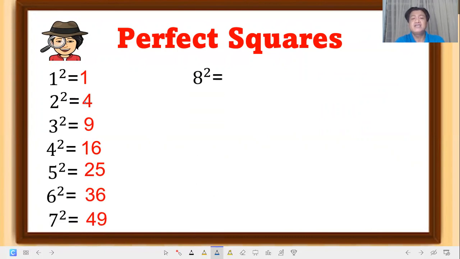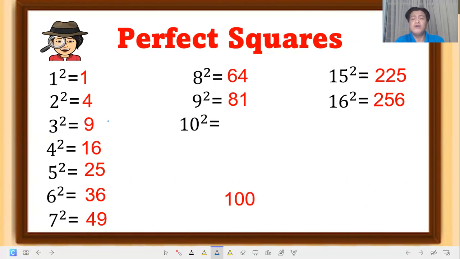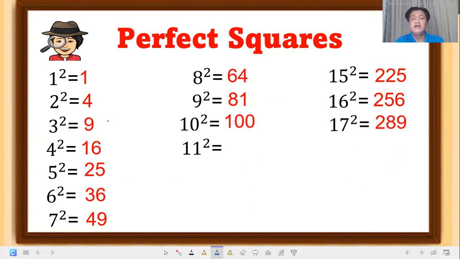Ito naman ay 64, that is 15 square, that is 225. That is 9 squared, 81. This is 16 squared, that is 256. 10 squared, okay, that is 100. 17 squared, that is 289. 11 squared, that is 121. 18 squared, that is 324.